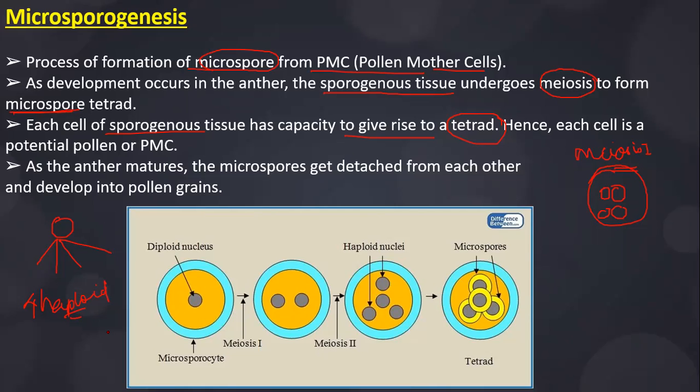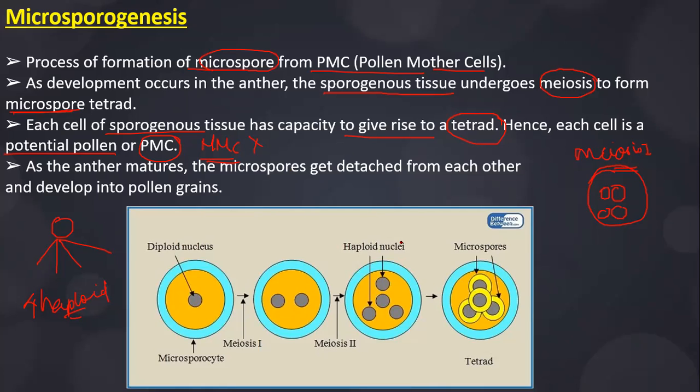The product of meiosis will be 4 haploid cells, and each of these tetrad cells you will call the potential pollen or pollen mother cell, or microspore mother cell, but we rarely use MMC because in case of megaspore mother cell you use this particular MMC.